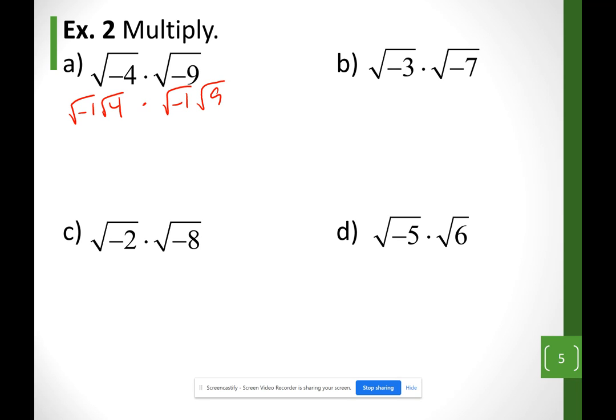From the first part, I call this 2i, times, I call the second part 3i. Now when I multiply it, I have 6i to the second. I know i to the second is -1. So in general, I have this as 6 times -1. So I'm just going to call this -6.